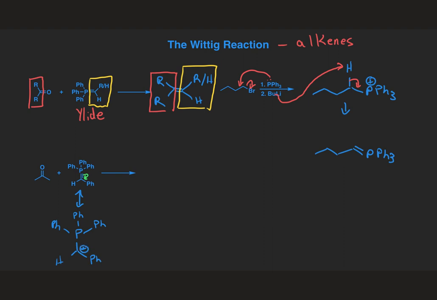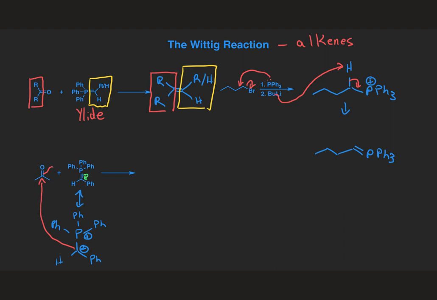That's going to be a minus charge and a plus charge on phosphorus. That minus charge is going to kick up and attack the carbonyl carbon.